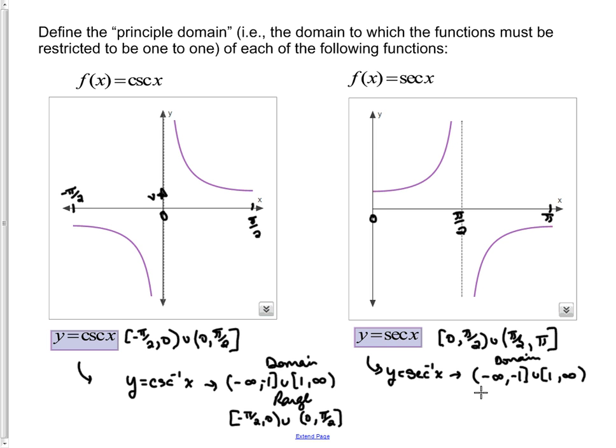And the range of our inverse secant will be the range that goes from 0 to pi over 2 due to that vertical asymptote, which becomes a horizontal asymptote in the inverse secant function, union with the set from pi over 2 to pi.